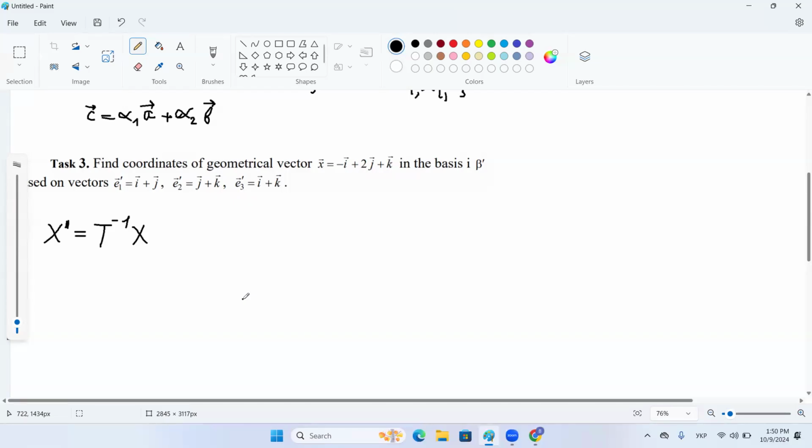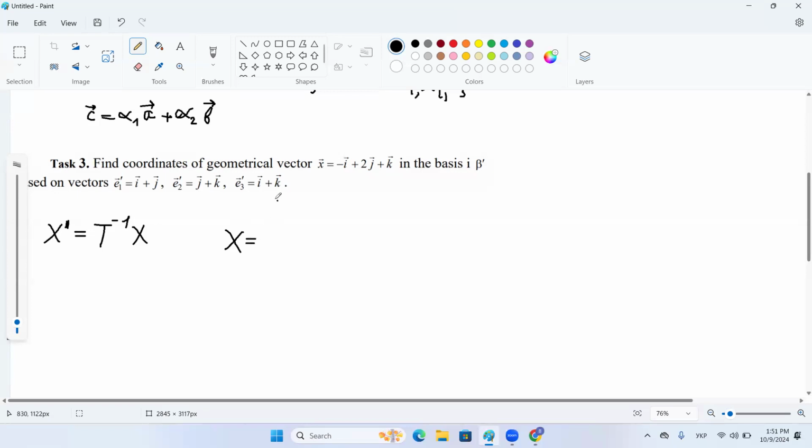I'm not sure, but I think we need to take the coordinates of these three vectors E, and this is going to be the transition matrix. So we take coordinates, and how are we going to write them, rows or columns? I think columns. Yeah, we will use column views.